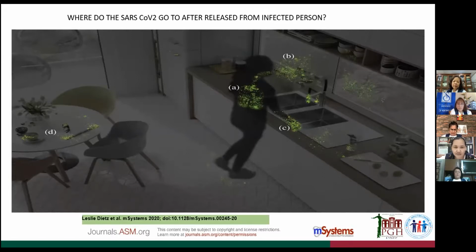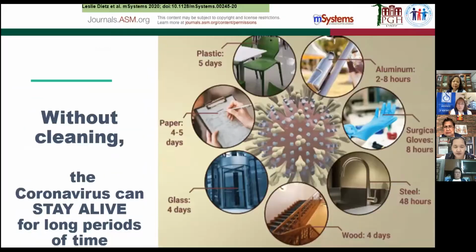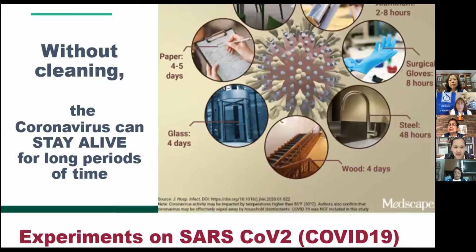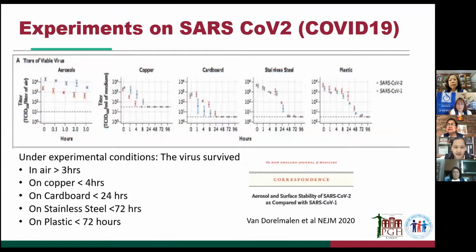So pag si patient, this woman, is infected, parang na-spread niya yung virus into the environment around her. So kung hindi naglilinis, this virus can stay alive in various different surfaces like plastic, paper, glass, etc. So ang sagot lang dyan ay alam natin they could survive.